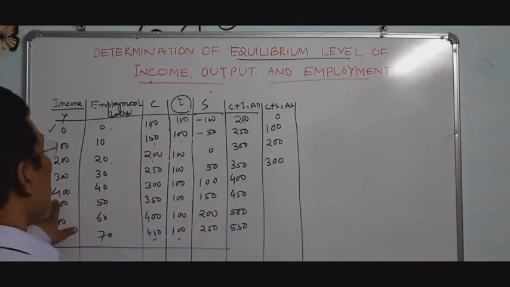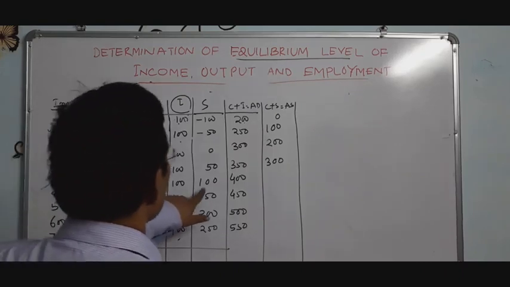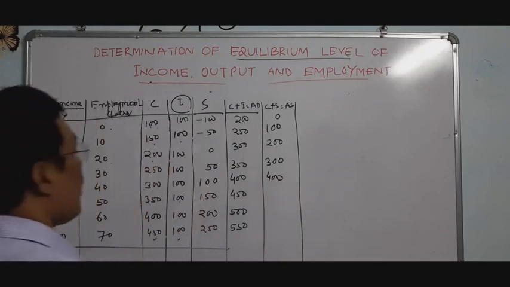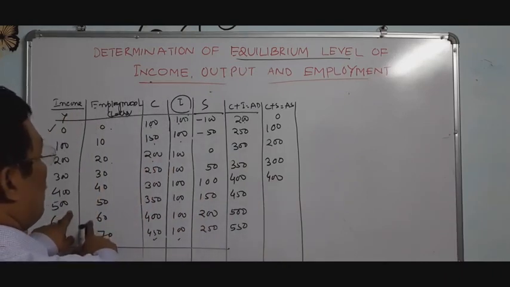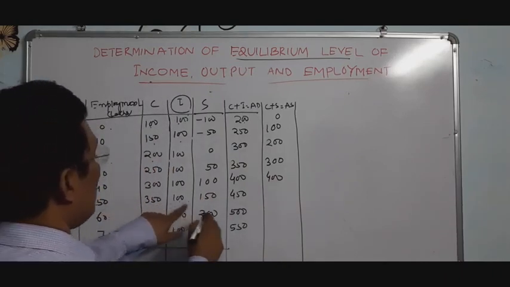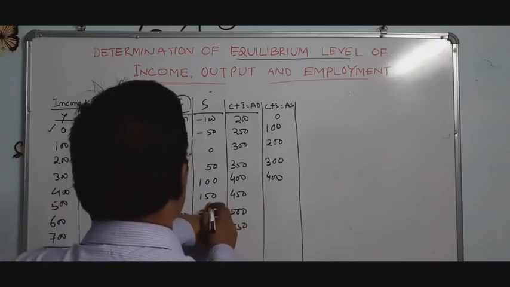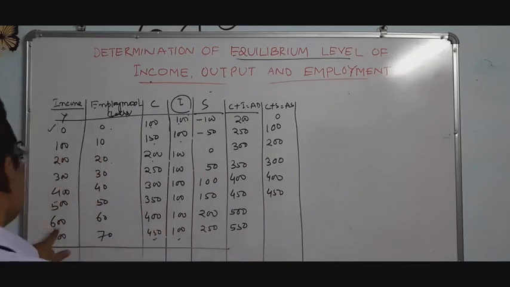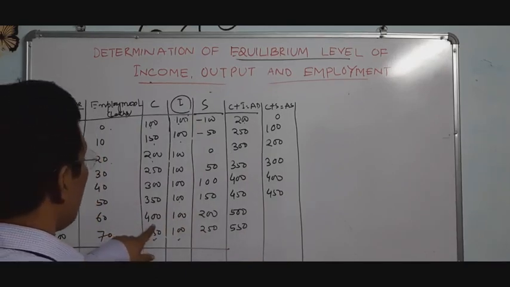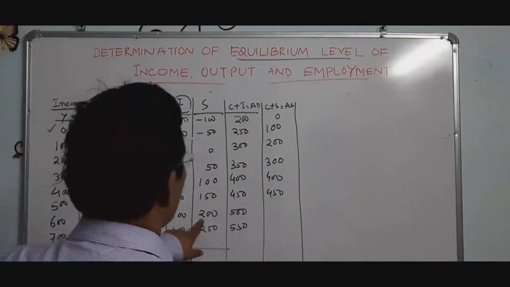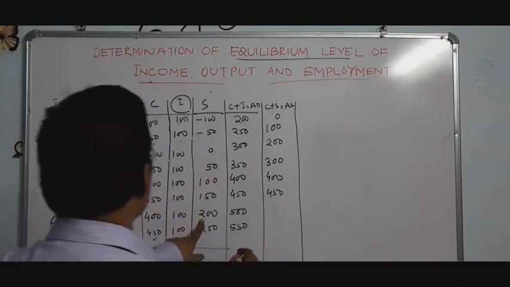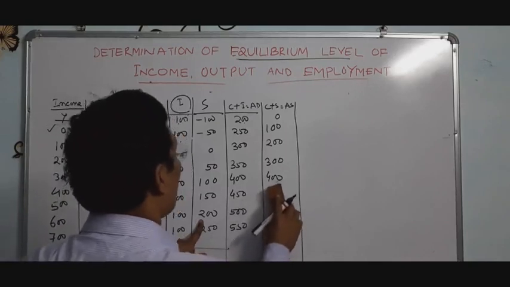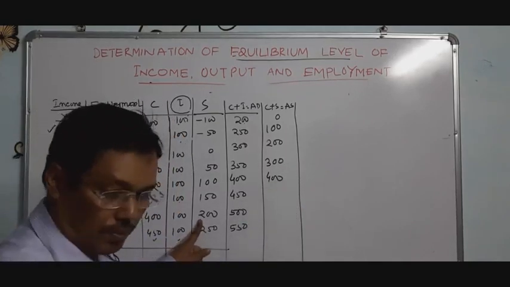At 400 level of income, consumption is 300, saving is 100, equal to 400. At 500 level of income, consumption is 350, saving is 150, equal to 500.